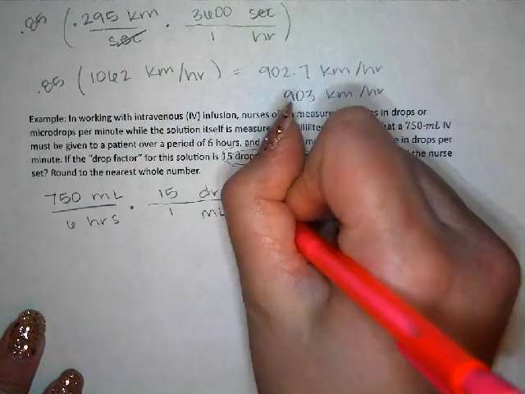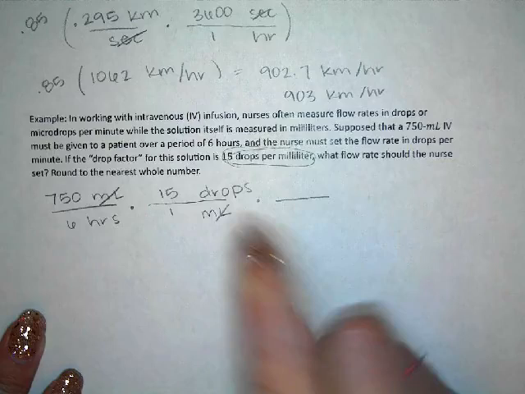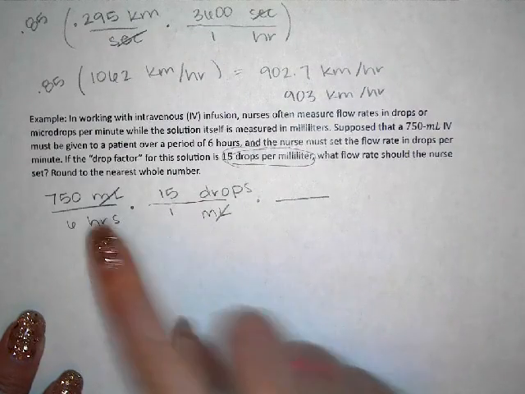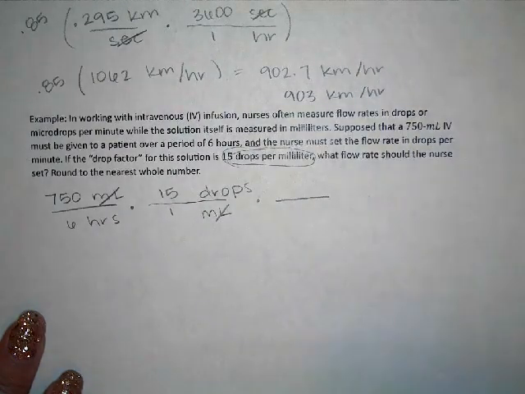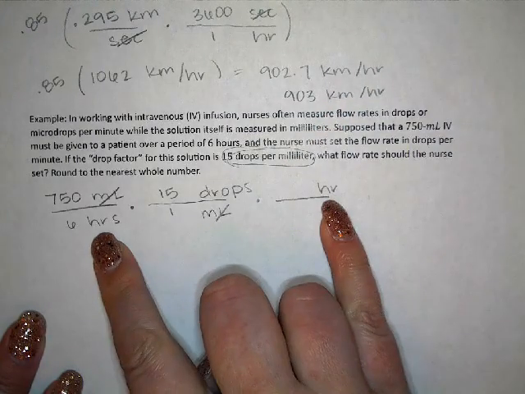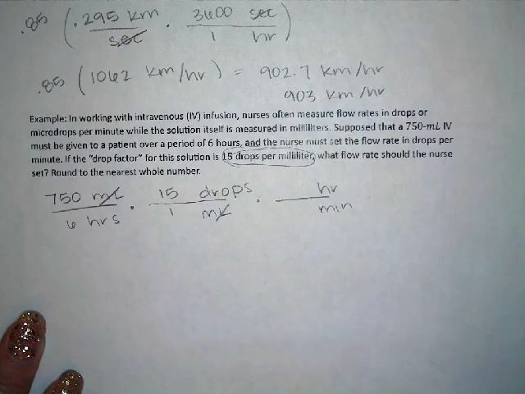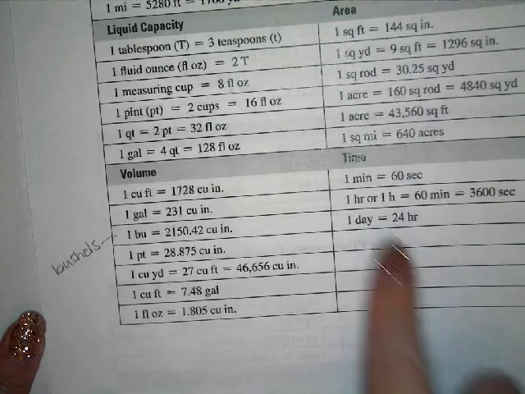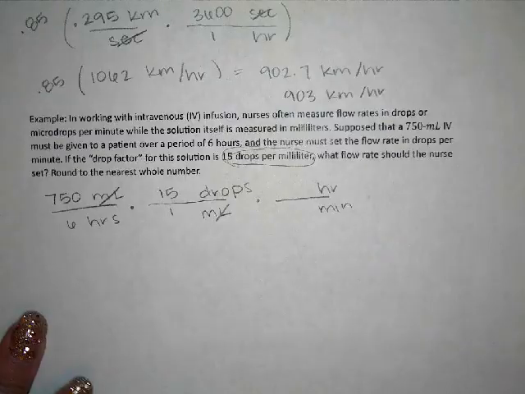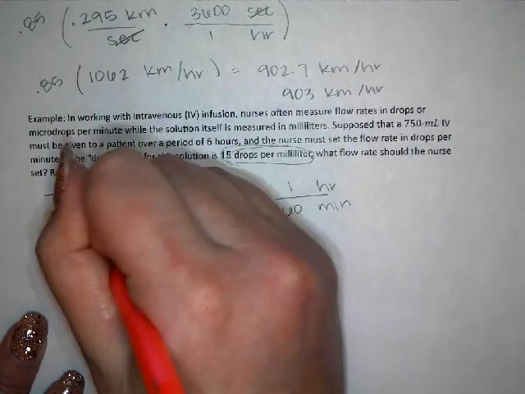So now I need to convert from hours into minutes. So I'm going to put hour on top because I need these hours to cancel. And then I'm going to put minute on bottom. And so hours and minutes, 1 hour is 60 minutes. And so if the hours cancel, I'm going to end up with drops per minute, which is what a nurse would have to set this to.